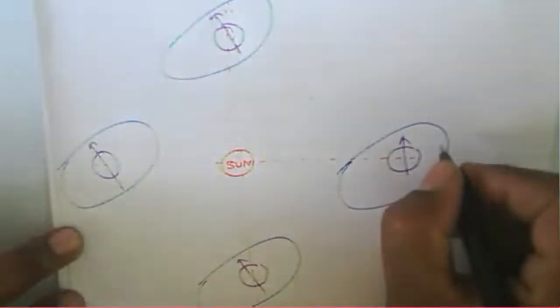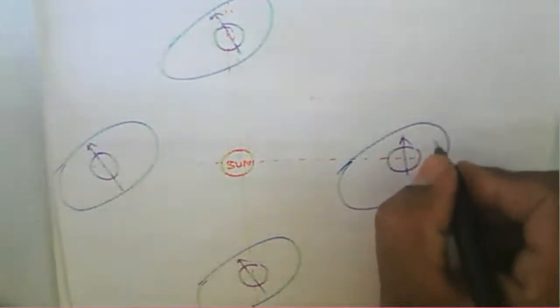These are about the different satellite orbits.